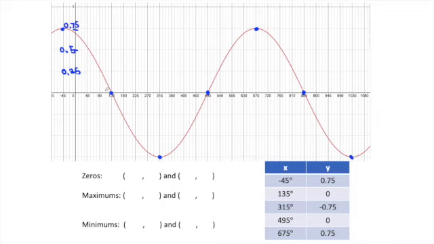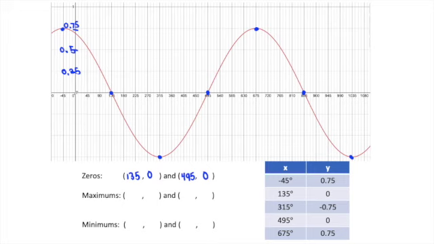So then you can get some x-intercepts, and you can get your maximums and your minimums on the equation of your axes. Okay, so some of your zeros: 135 and 0, and 495 and 0.